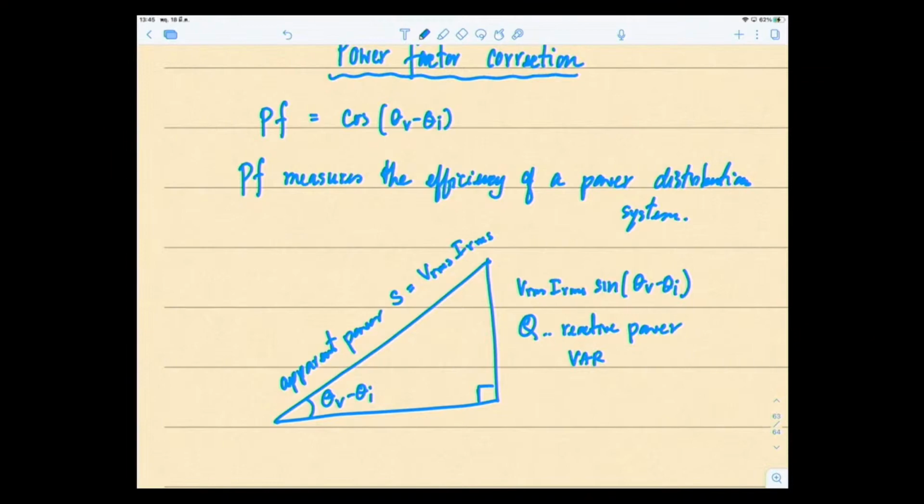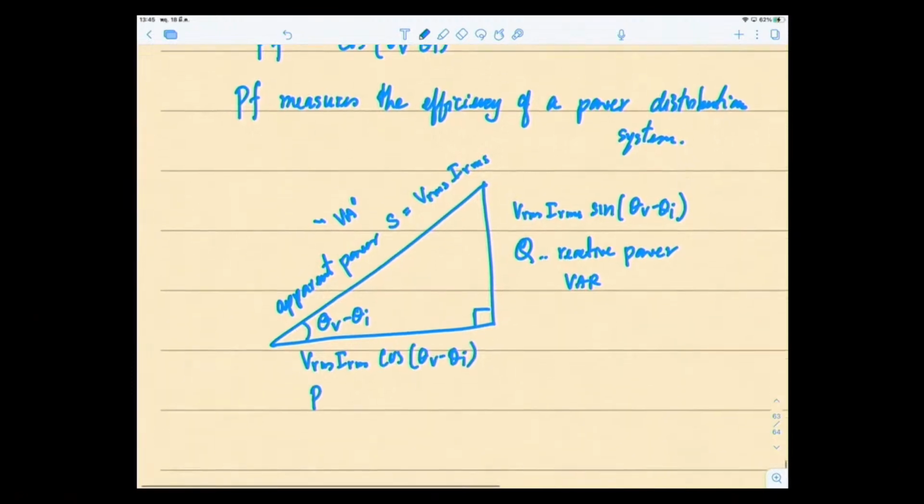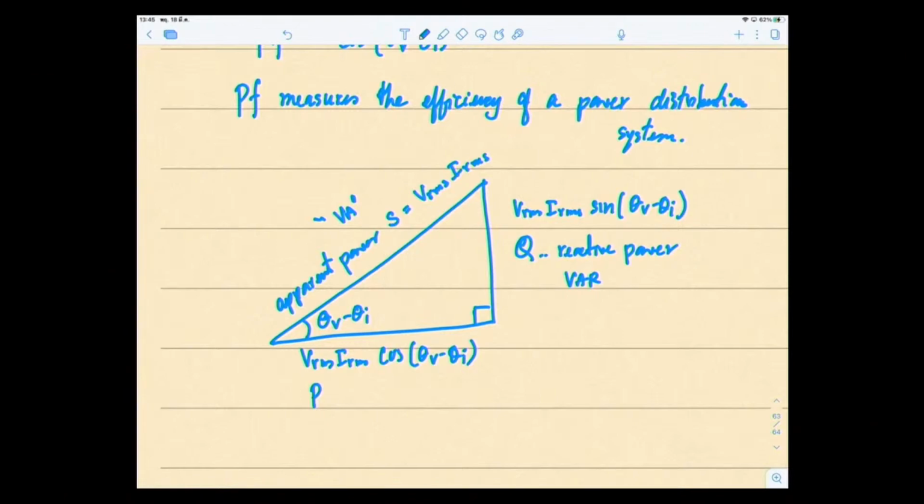The unit of the apparent power is VA. On the adjacent side is VRMS IRMS cos theta V minus theta I, which is your average power, or real power, or true power. All three names are used. The unit is watt.